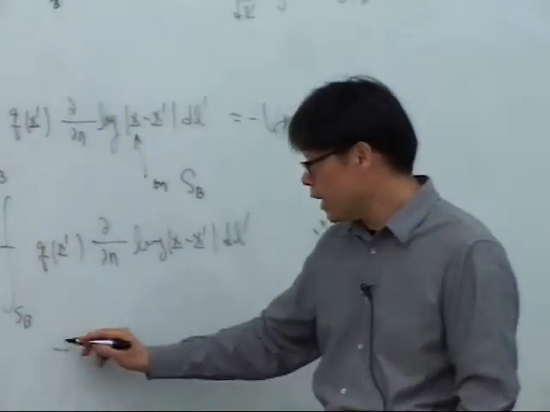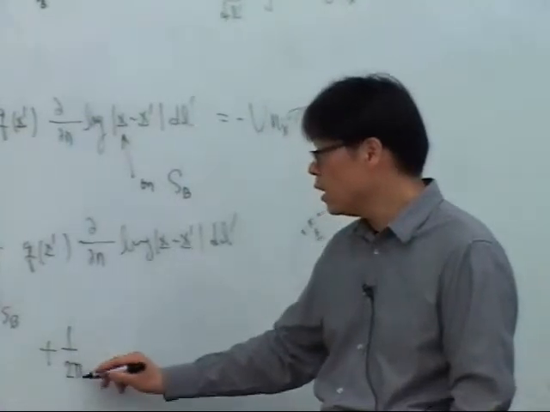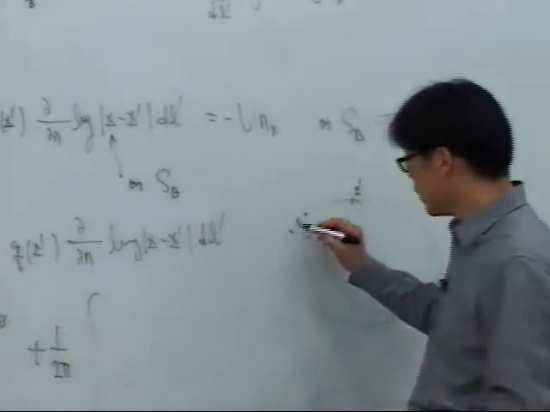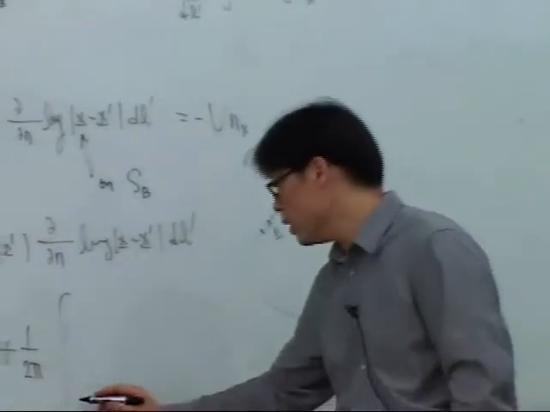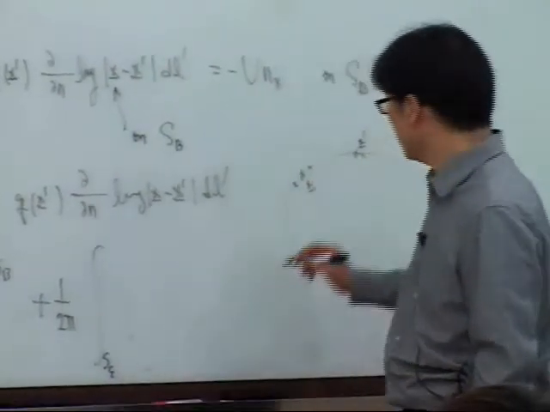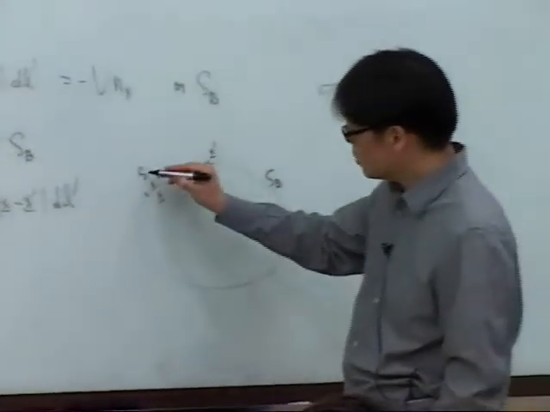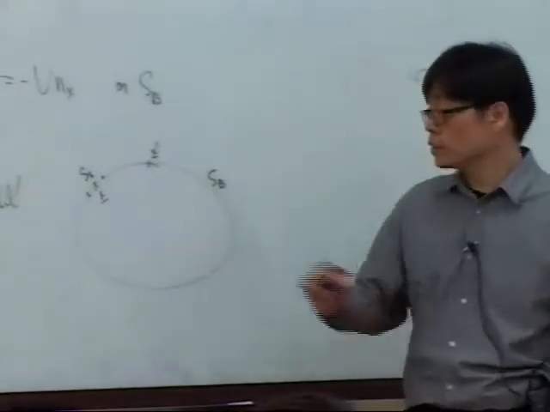Okay? And then I have to add this area, which I call S epsilon. Okay, so this is S_B, but this is S epsilon. So this neighborhood.